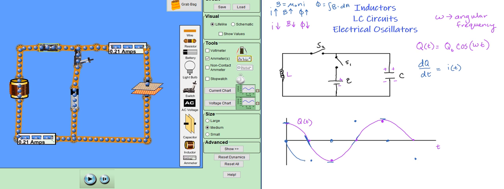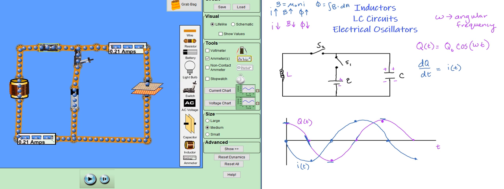Now if I connect these dots, we see we have a sine function here, and particularly it's a negative sine function. And it's exactly 90 degrees out of phase with the other one that was there. So I'm going to label this one I of t, since that's what this line represents. And we can see that that is happening exactly what we thought should happen.